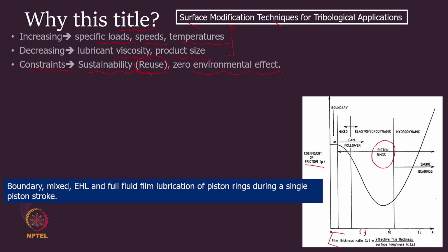Lambda can be capital or small, and it is the effective film thickness divided by the surface roughness, which can be the composite surface roughness. The interesting thing here is that the piston ring experiences boundary lubrication, mixed lubrication, EHL, and full film lubrication in one cycle.